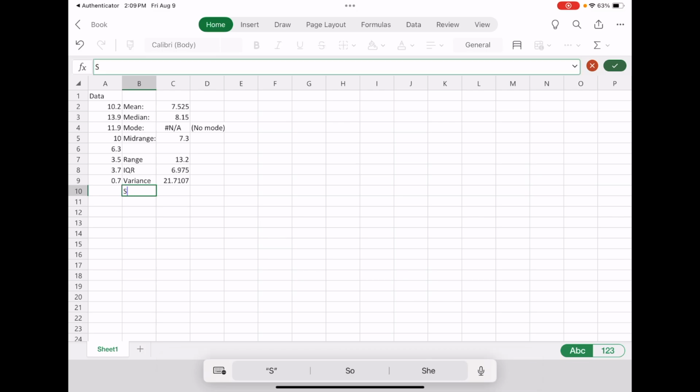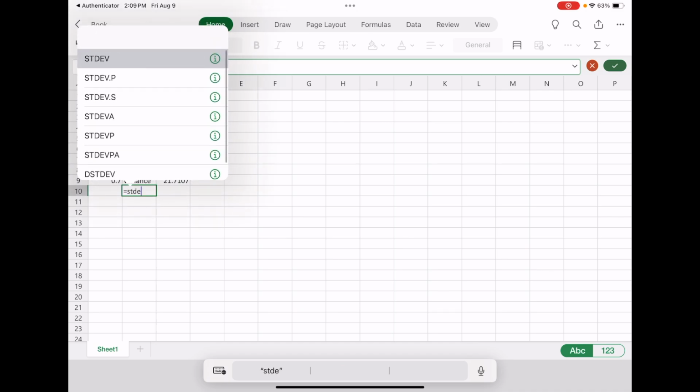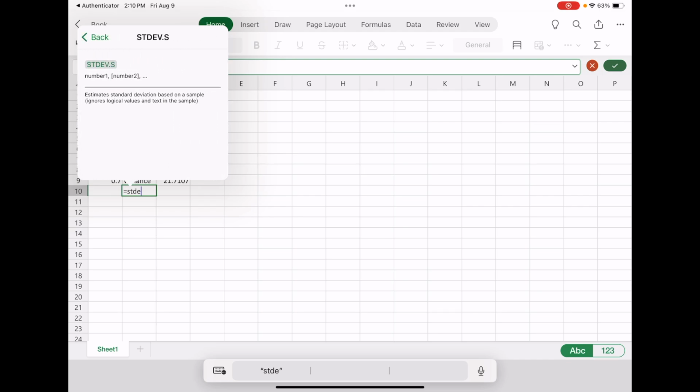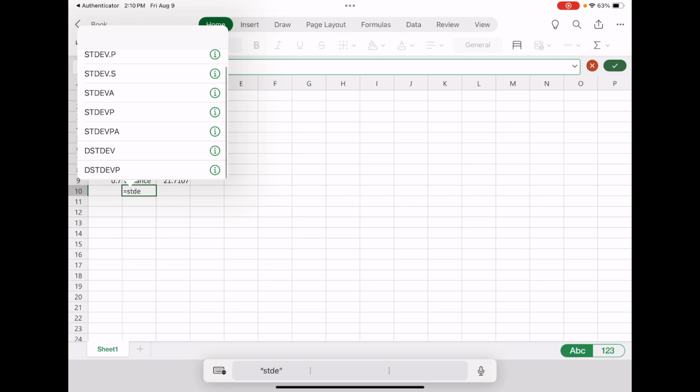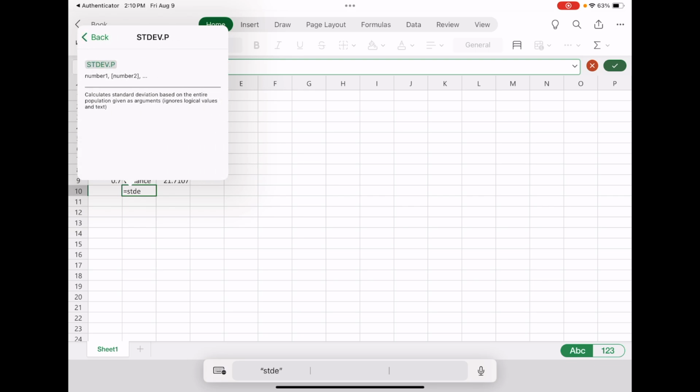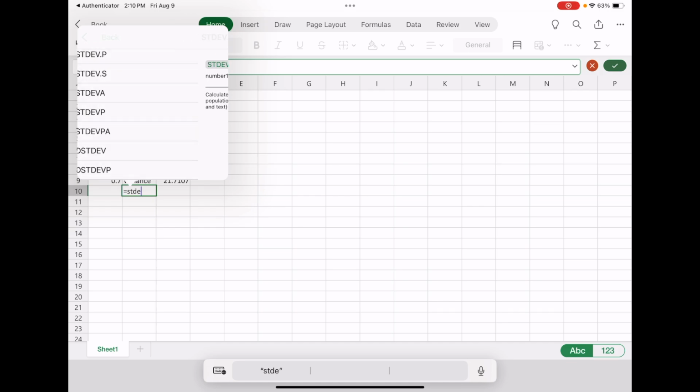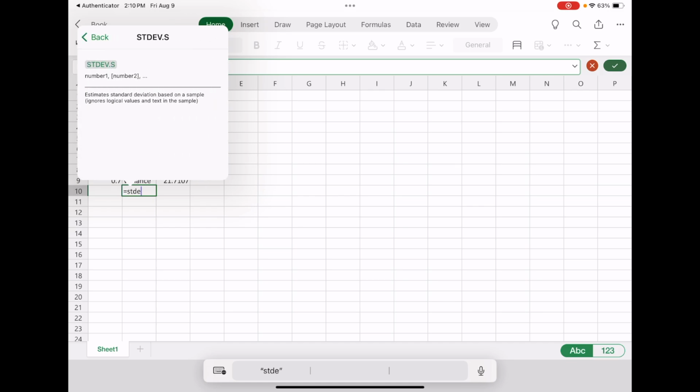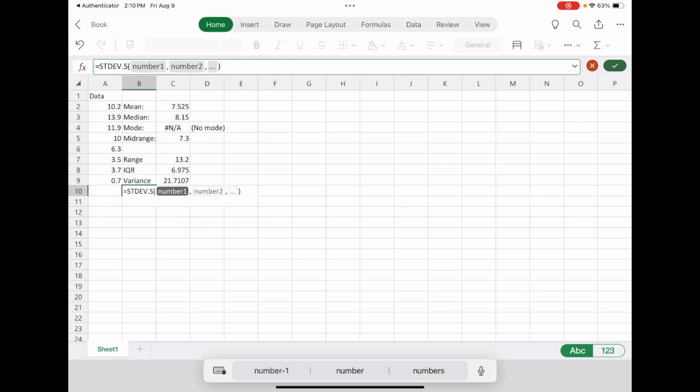And then stdev, I forgot my equal sign, equals stdev.p.s, we want, well, let's check. Estimate standard deviation based on a sample. What's the P one? The dot P is calculate standard deviation based on entire population. Okay, so we want the one for the sample. Okay, so I'll click on that one.